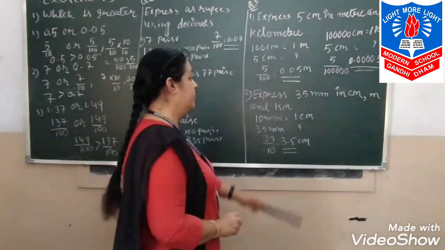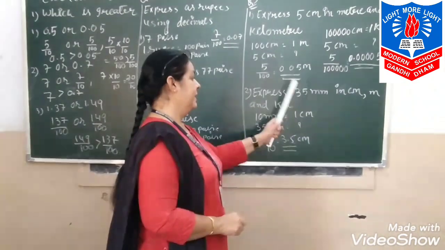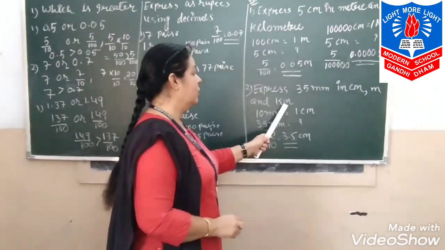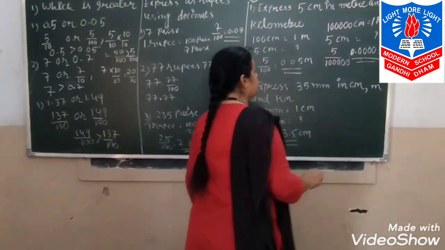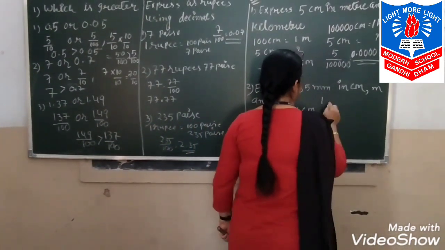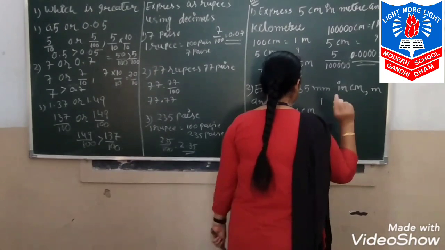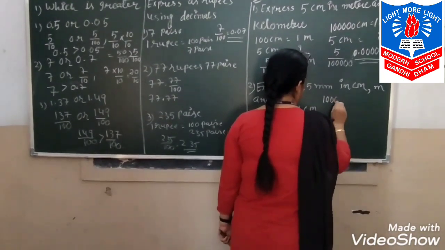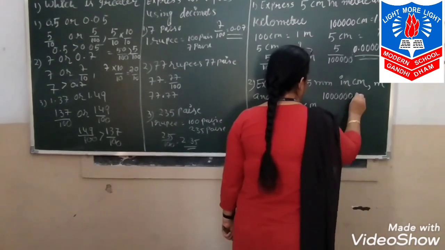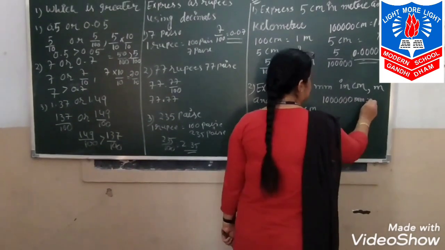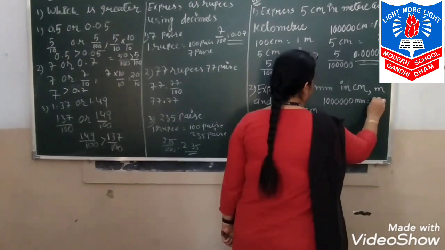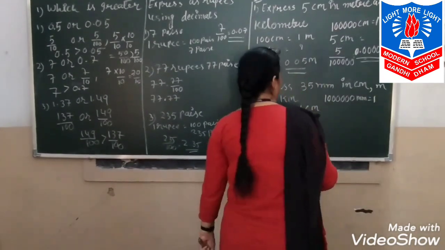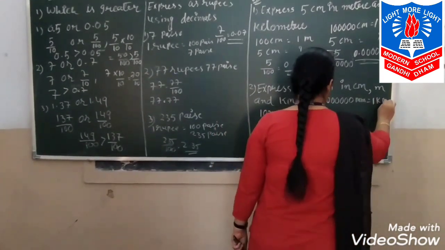Then kilometer. Millimeter converted into kilometer means 10 lakh. Not 1 lakh but 10 lakh. 10 lakh millimeter is equal to 1 kilometer.